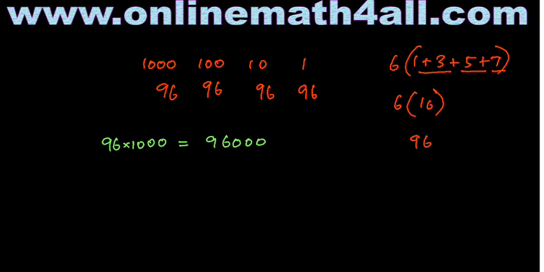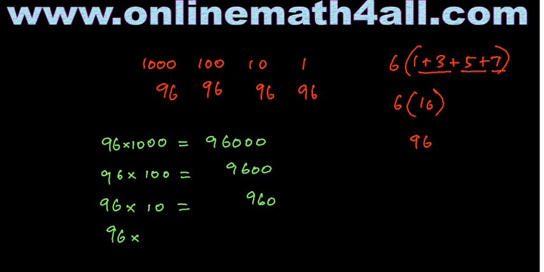And since I get the sum 96 in hundreds place, I have to multiply 96 by 100, so we get 9600. Since I get the sum 96 in tens place, I have to multiply 96 by 10, so we get 960. And I get sum 96 in units place, so 96 to be multiplied by 1, we get 96.